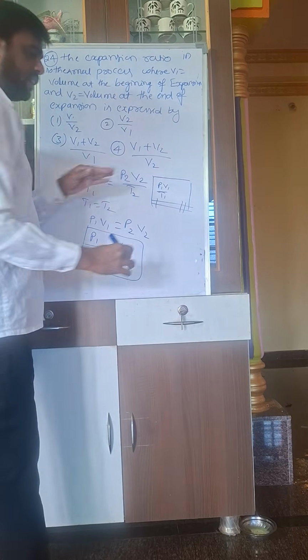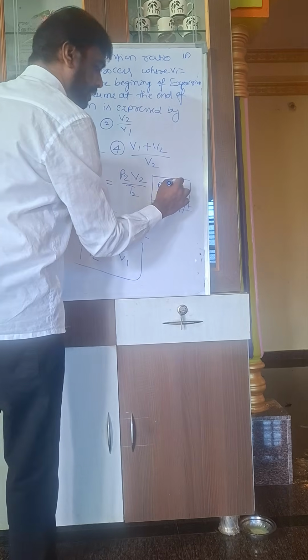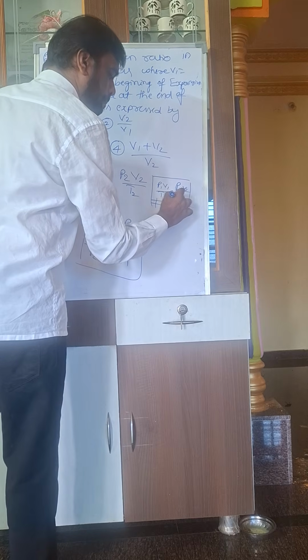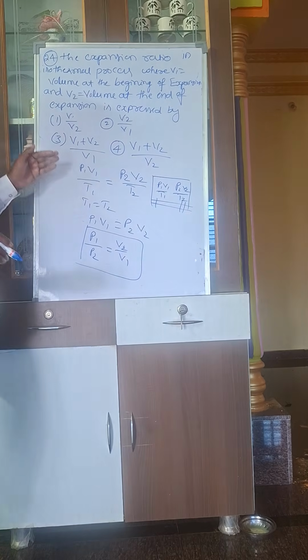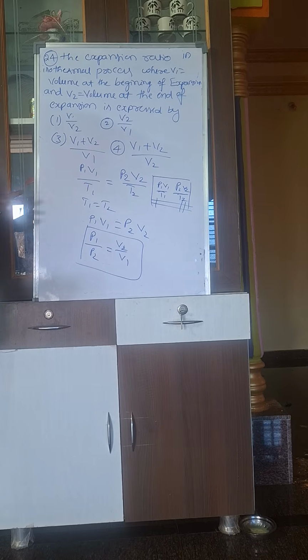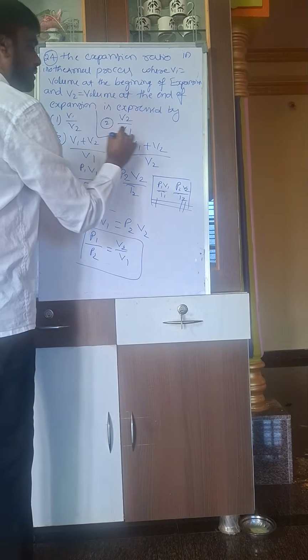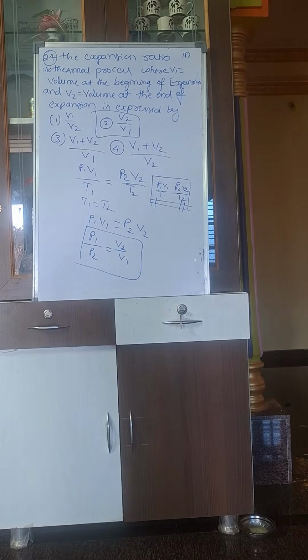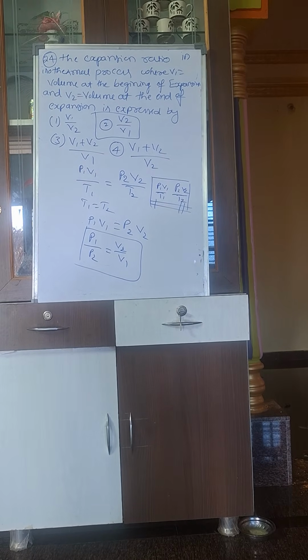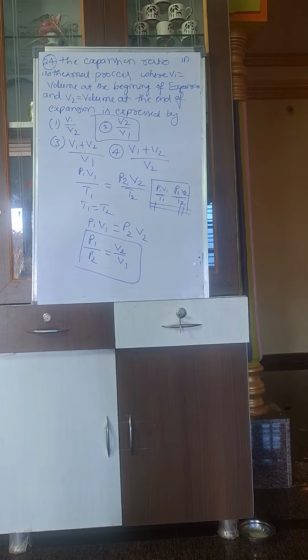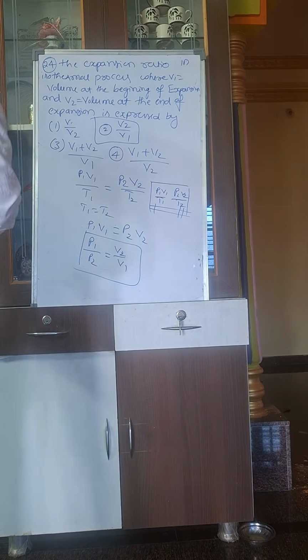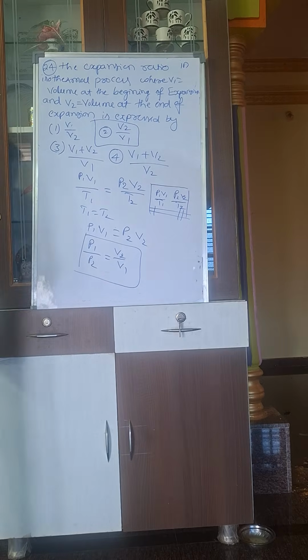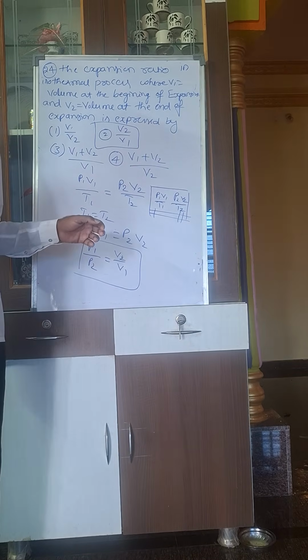After the fuel enters and starts burning, that is P2 V2 by T2, the end of the expansion. The answer is the second one, V2 by V1. This is the correct answer.